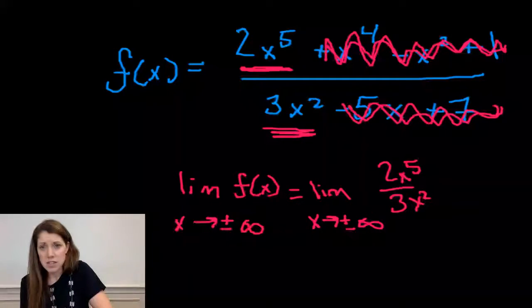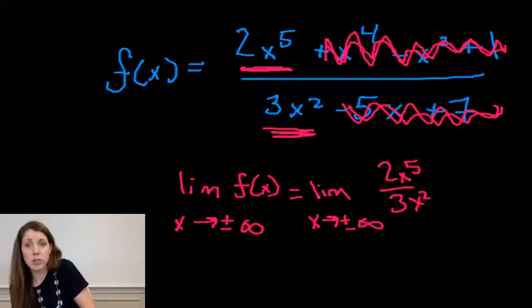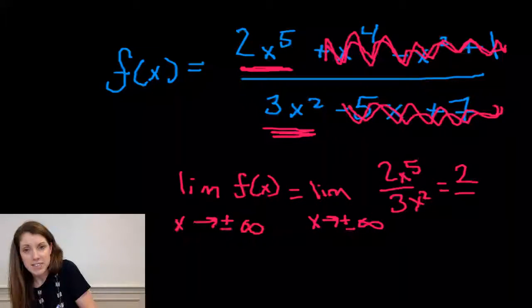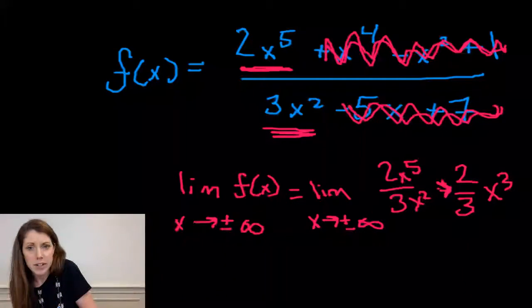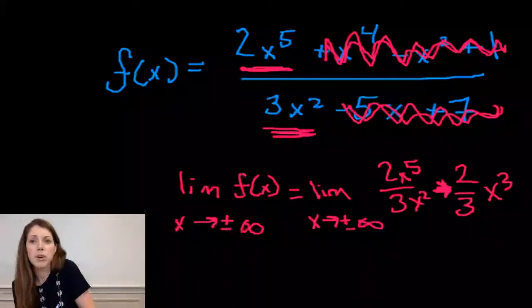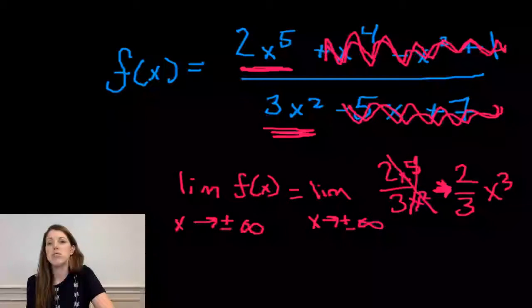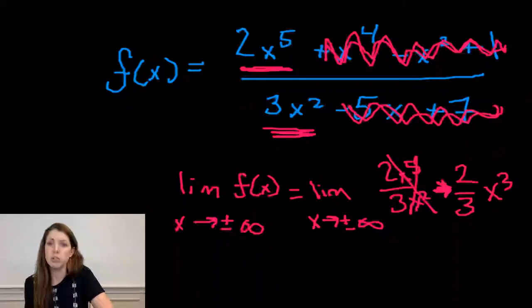We have x to the 5th over x squared. I'm just going to write it like this, with a little arrow here, because I should be rewriting the limit if I had more room, but I'm just going to replace it. So this all simplifies to 2/3 x cubed.